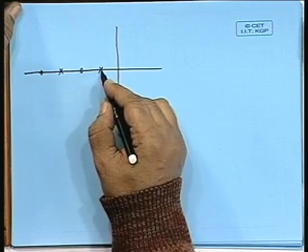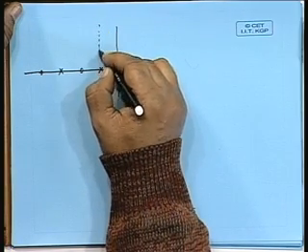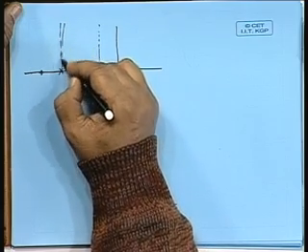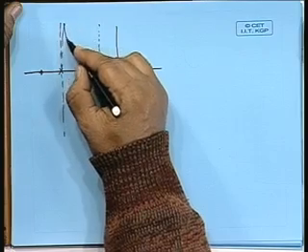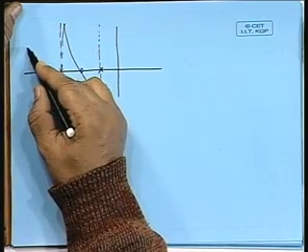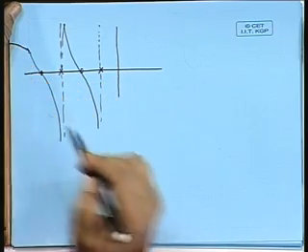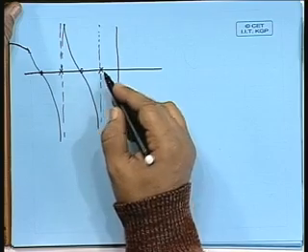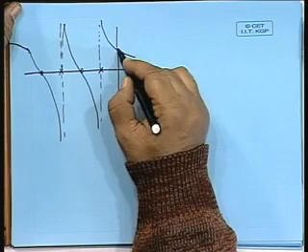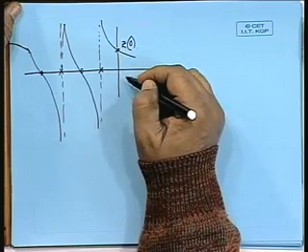This is a pole, this is a zero, this is a pole, this is a zero. What about this one? It may cross at a point, Z at 0.